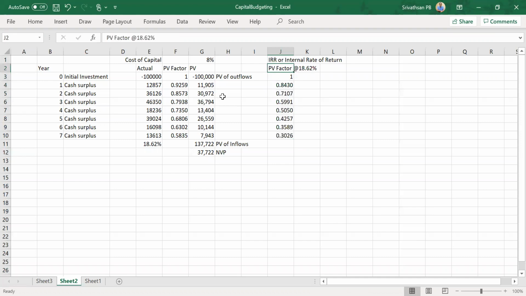So the PV factor at 18.62% equals this number times this.